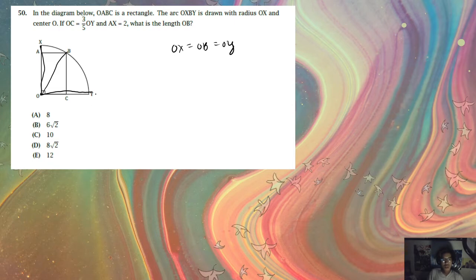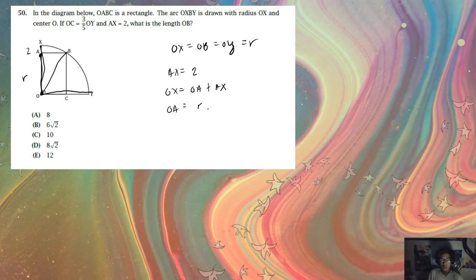Now, what other observations can we write? Since we know that OX, OB, and OY are radii of a circle, all of them can be denoted as R. Since AX is equal to 2, and OX is equal to OA plus AX, we can denote that OA, this line segment from point A to O, is the entire radius subtracted by 2.